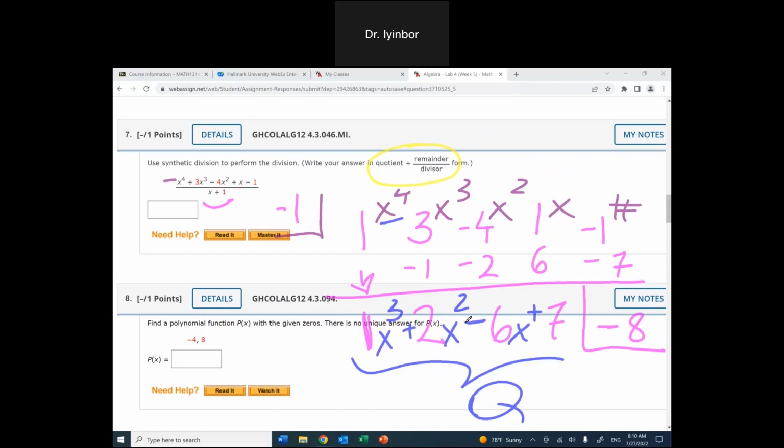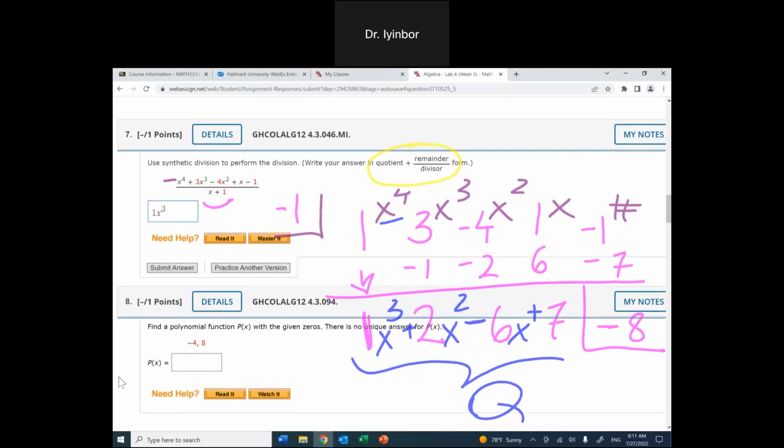Okay? Then how do they want the answer? We're going to put it exactly like that. So we have 1x³. I can just put x. You can put 1x³, it doesn't matter, whether you have 1 or just x with exponent 3. And then you have plus 2x squared minus 6x plus 7.